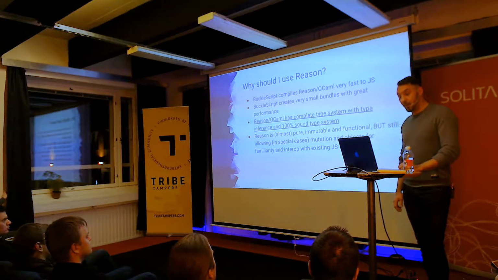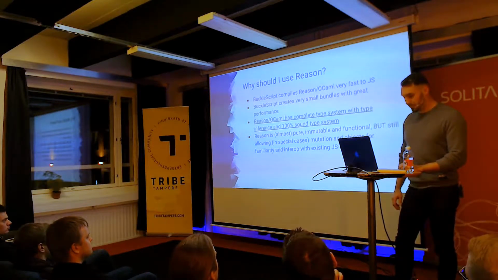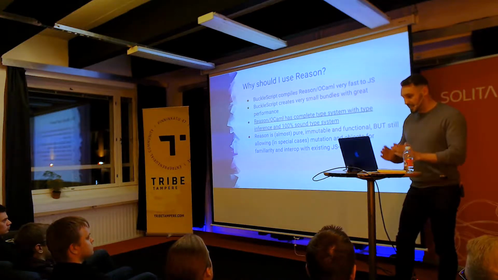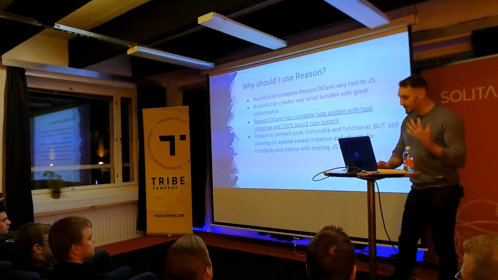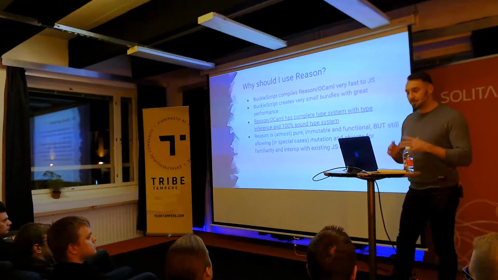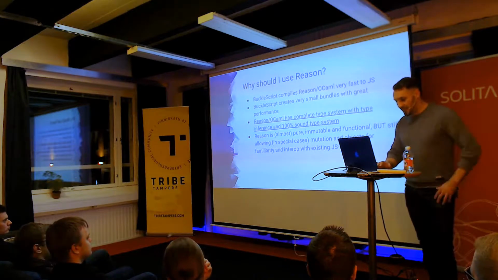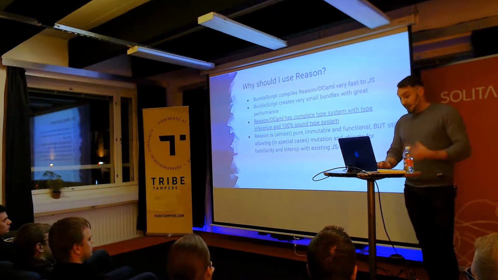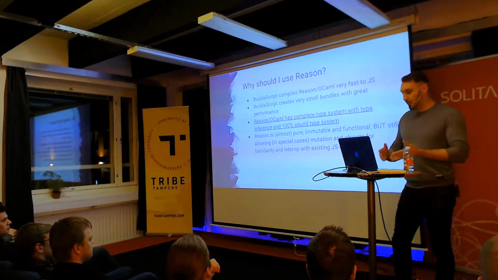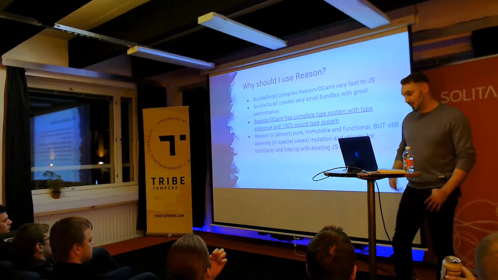And this is the main thing why I liked Reason: it's very safe, because it has a complete type system. The types have 100% coverage. Every line of the code has basically some sort of type, if you have variables and such. And like in Kotlin, you have type inference, so you don't need to write those manually everywhere. The types can be deduced by the compiler.